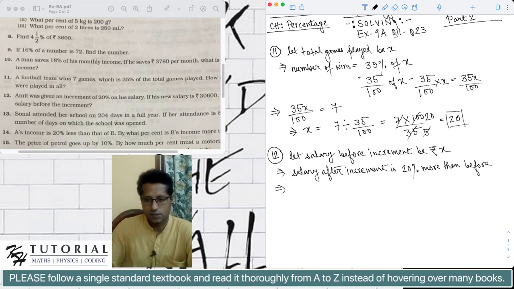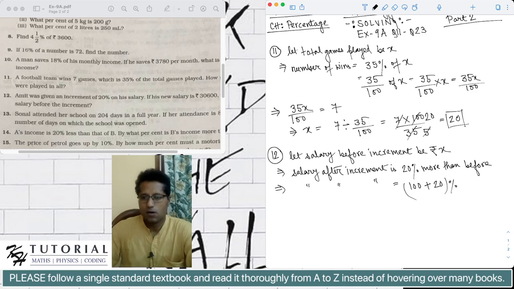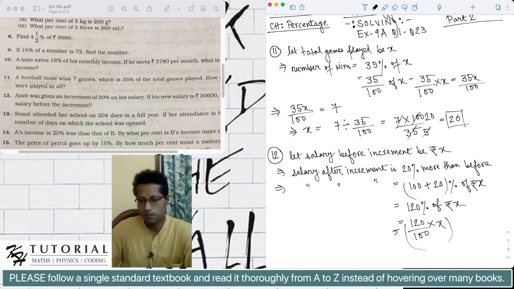So salary after increment is equal to 100 plus 20% of the previous salary, that is X, as we have assumed the salary before increment to be rupees X. This is equal to 120% of rupees X. 120% means 120 divided by 100, and the of operator means multiplication, so this is rupees 120 by 100 multiplied by X.